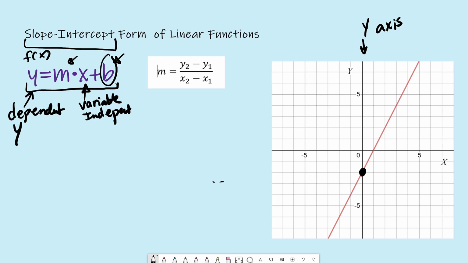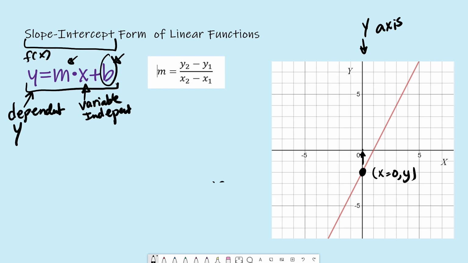That is right here. The important thing to notice is that because it's on the axis, it's right at x equals 0. So at this point, x equals 0, and we have our y-intercept.